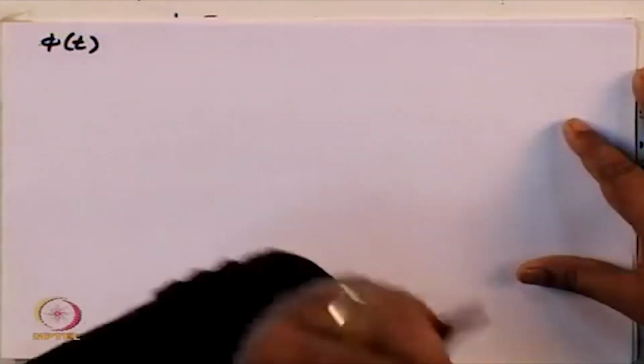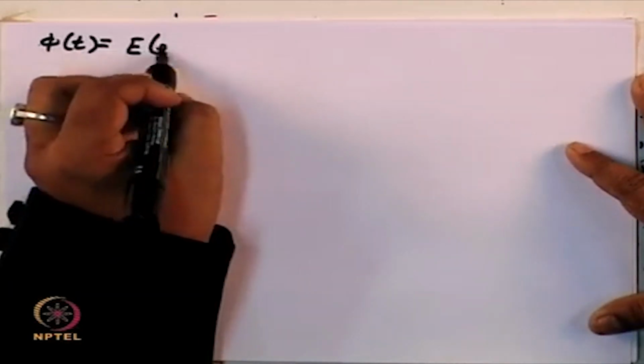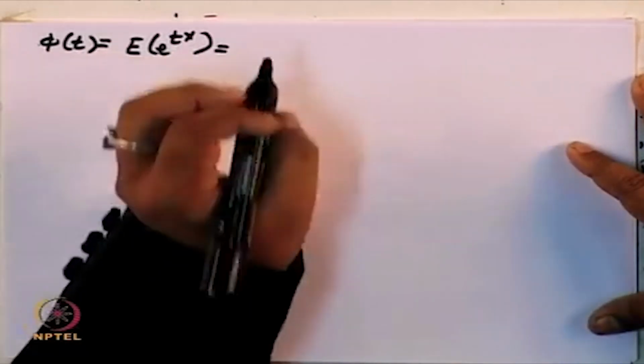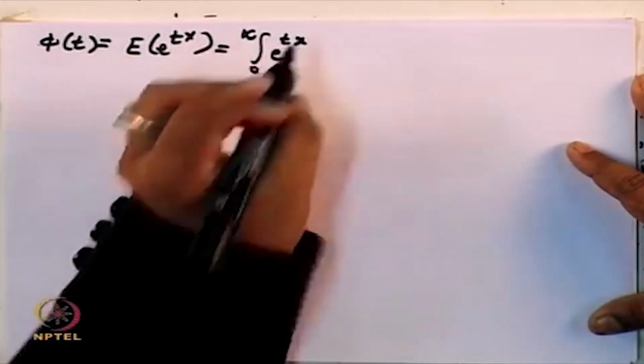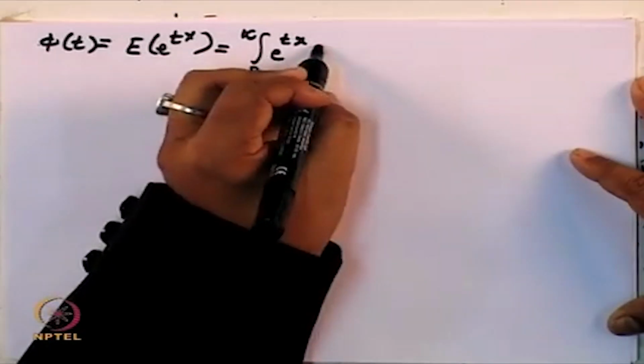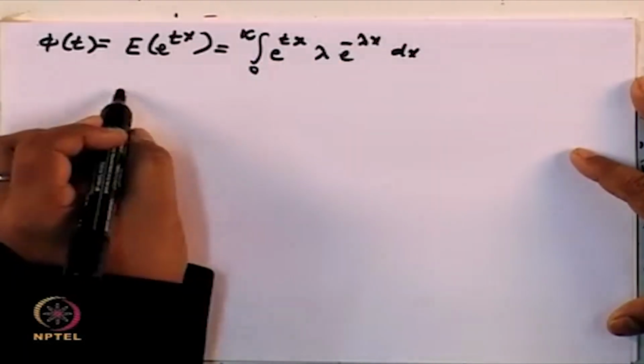For this exponential random variable, we can calculate the moment generating function. The moment generating function will be the expectation of e to the power t x, which is the integral from 0 to infinity of e to the power t x into lambda e to the power minus lambda x dx.